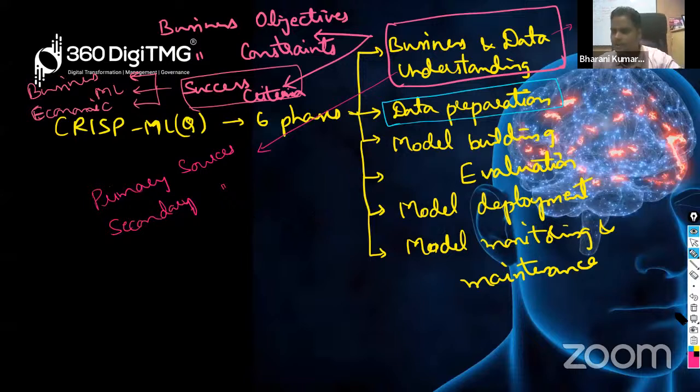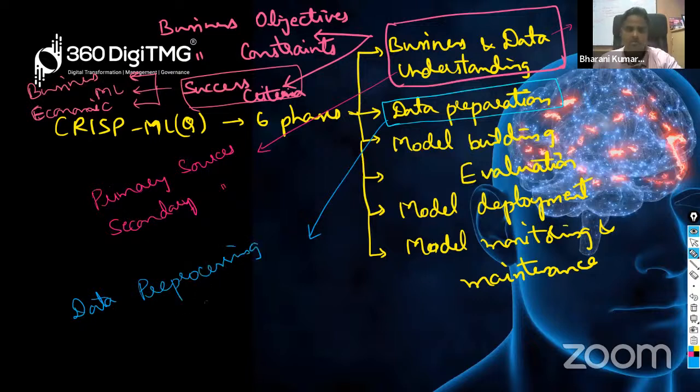So you go collect the data. As part of data preparation, you pre-process the data or clean the data. Data pre-processing happens. Alongside that, you also perform exploratory data analysis and feature engineering.